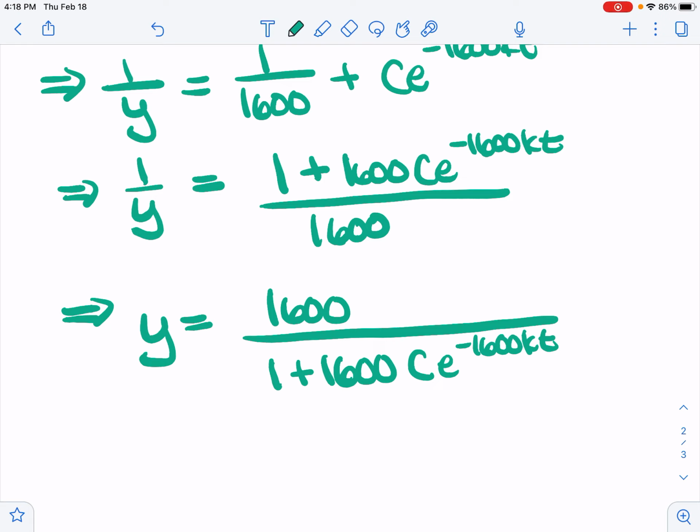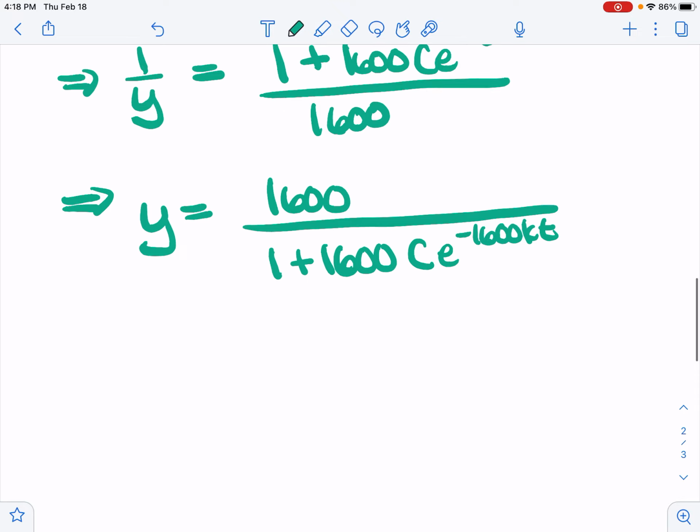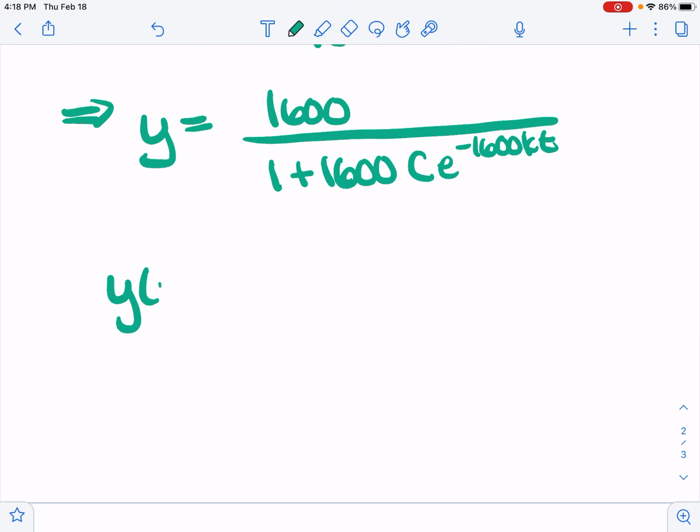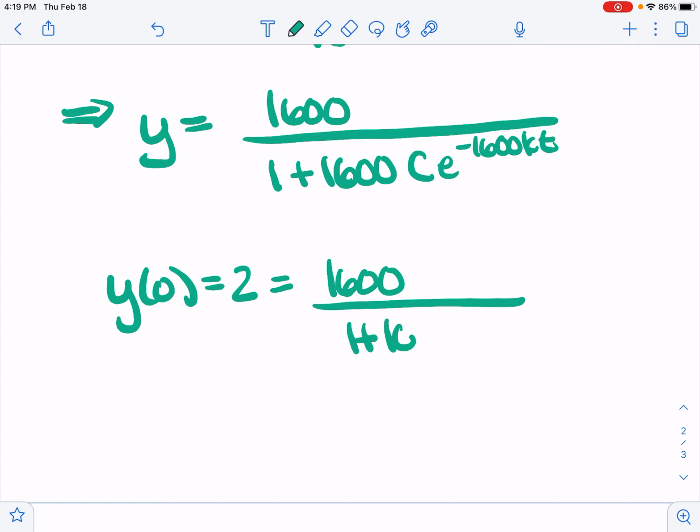At this point we can put in our initial condition. We can solve there for the initial condition, see what we get. In fact, why don't we just do that? y of 0 equals 2. So that's 1600 divided by 1 plus 1600c.